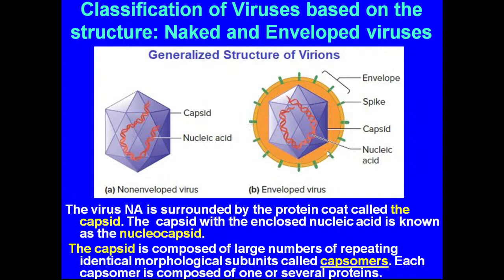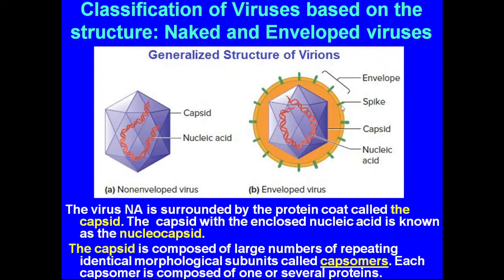This supercapsid usually is made up of the phospholipid bilayer that is derived from the previous host cell membrane, and the virus-specific proteins that are usually glycosylated proteins, we call them glycoproteins, inserted into this phospholipid bilayer. And they can be polymerized. This can be dimers or trimers or tetramers, those glycoproteins.